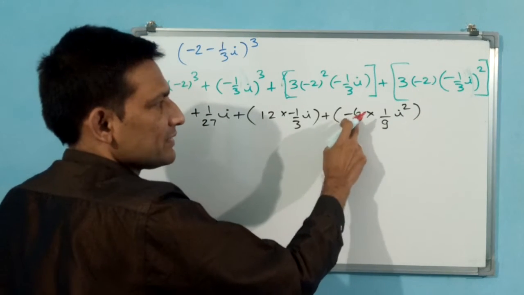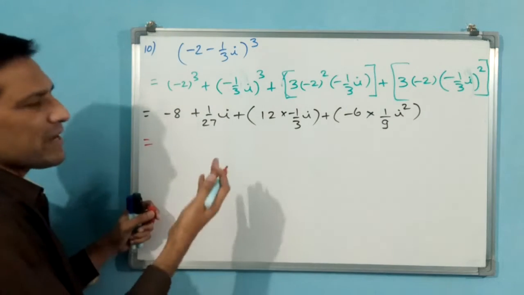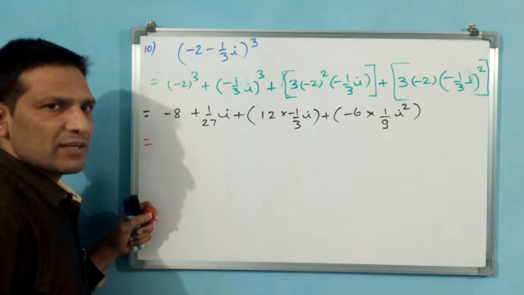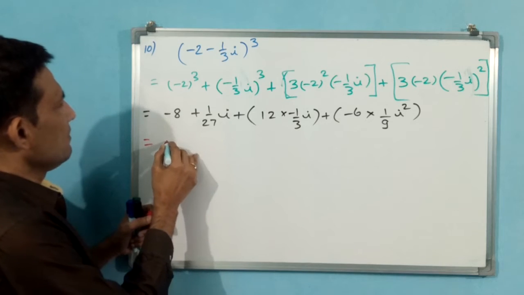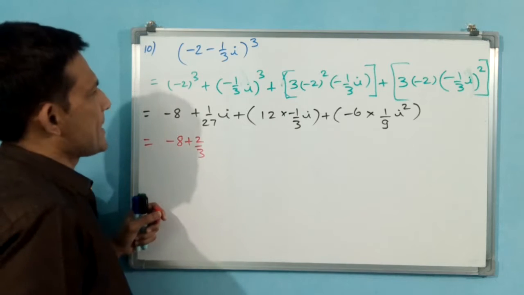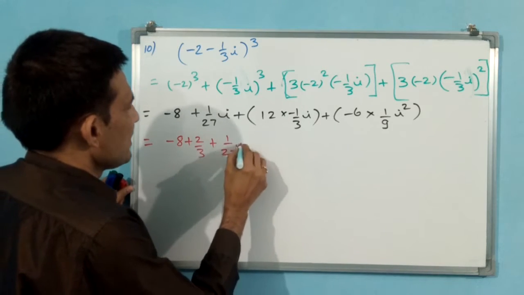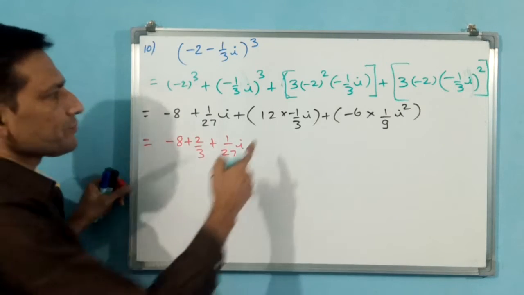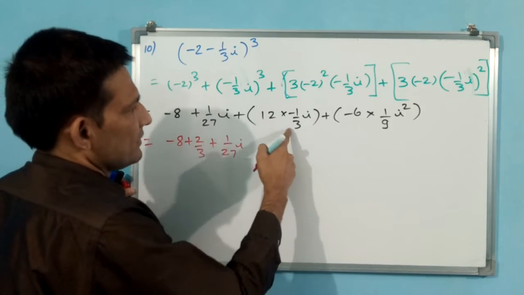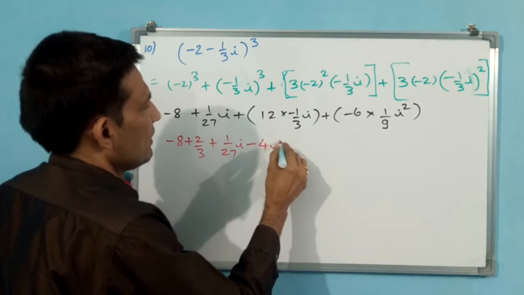Minus minus is plus. Now 6 by 9 only will come, and 6 by 9 means 2 by 3. So minus 8 plus 2 by 3, plus 1 by 27 i, and 3 fours are 12, minus 4i.